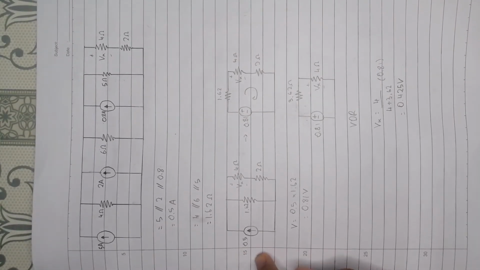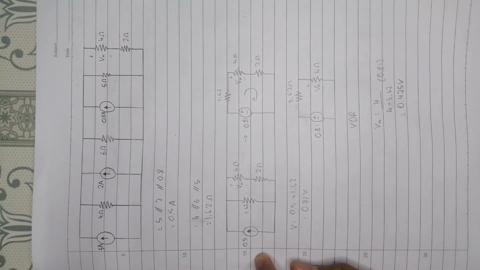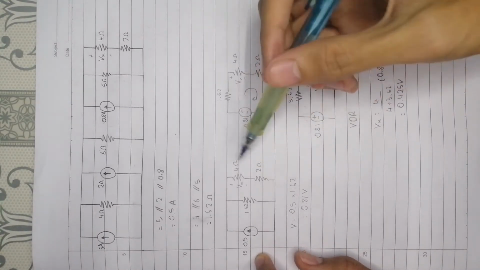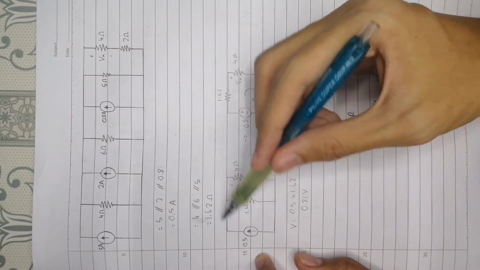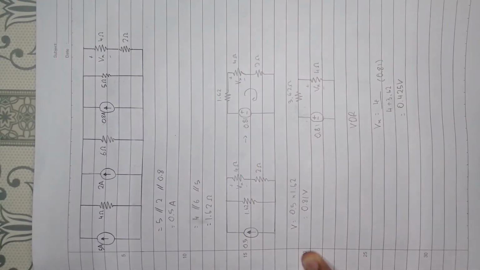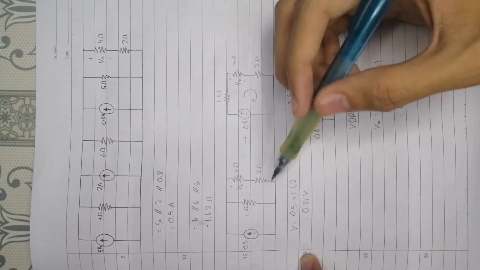So the last source transformation will look like this. So I think that we should change this source into voltage source. So we use V equals IR.